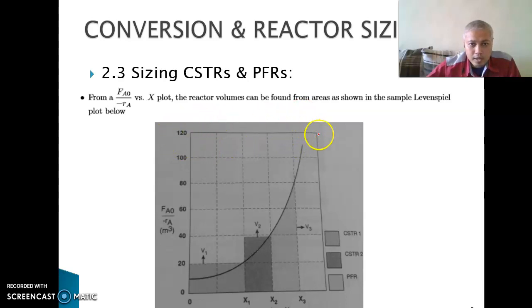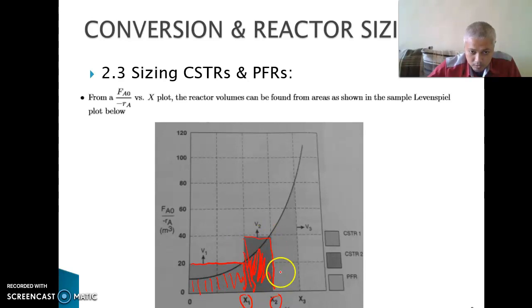So if you look at this diagram, we have agreed that this whole thing will become the volume for CSTR. Then for PFR it will become like this for x1. For x1 to x2, this will be the volume for CSTR, and this will be the volume for PFR.